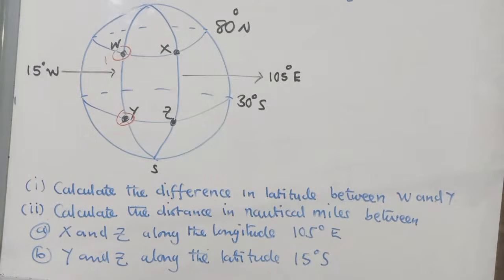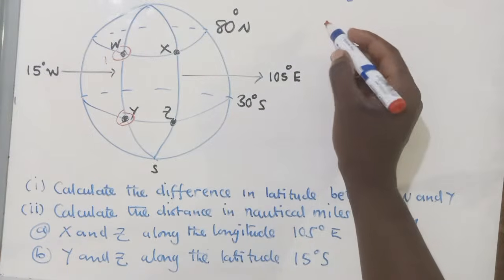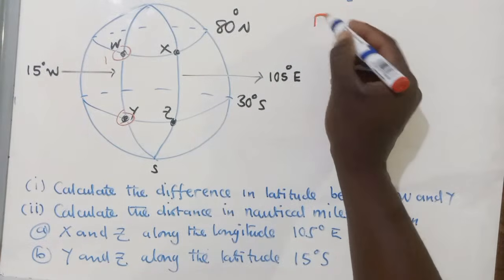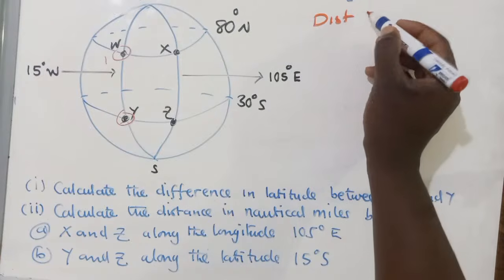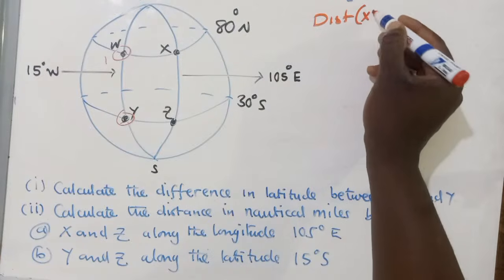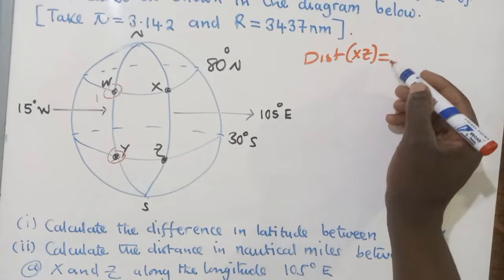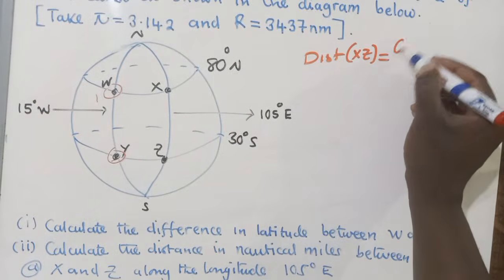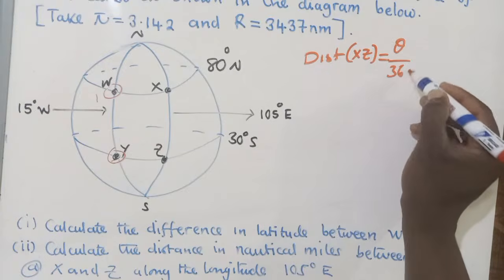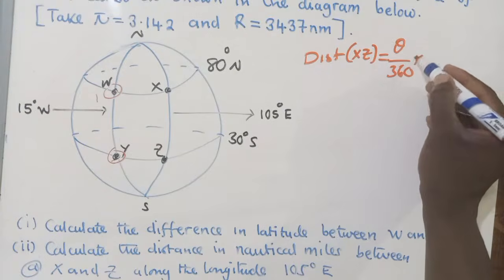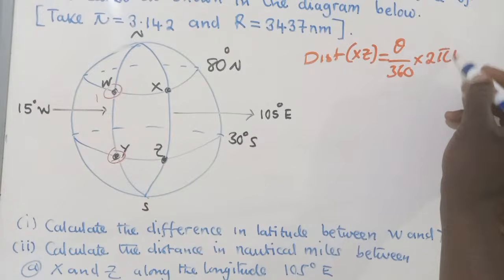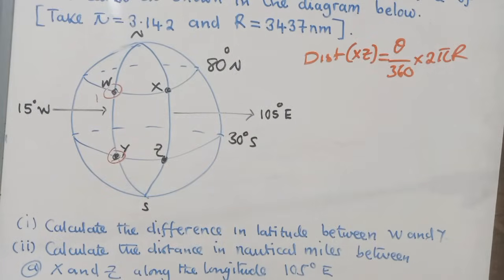So when finding the distance, you first need to understand the formula. There are formulas. So distance between X and Z will be equal to, this is the formula I'm writing here, theta over 360, times 2 pi R, capital R.